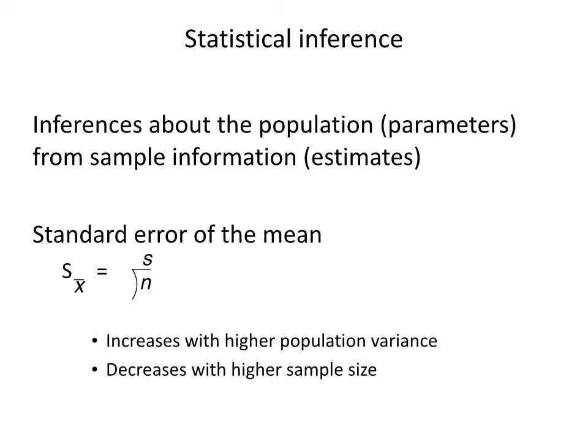We don't describe a population by listing every value in the population. We describe it by identifying the mean or average or median or mode and describing the amount of variance. And clearly the process of statistically inferring those is to use the sample estimates, the sample mean and the sample variance to talk about the population.